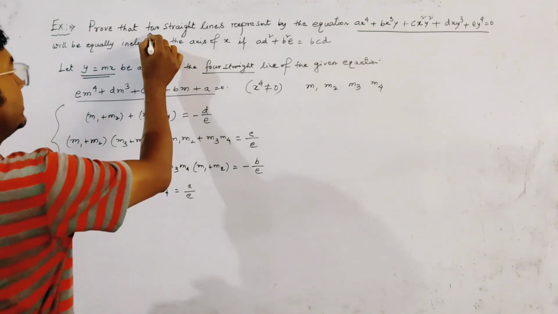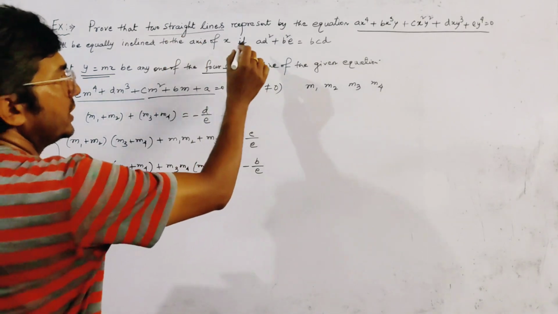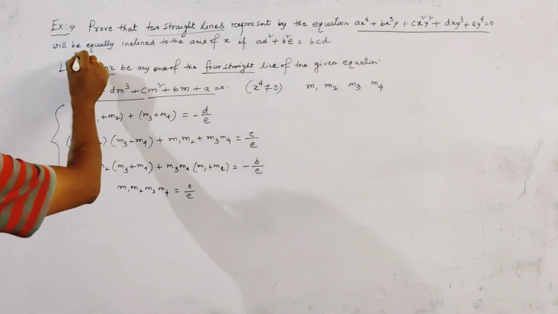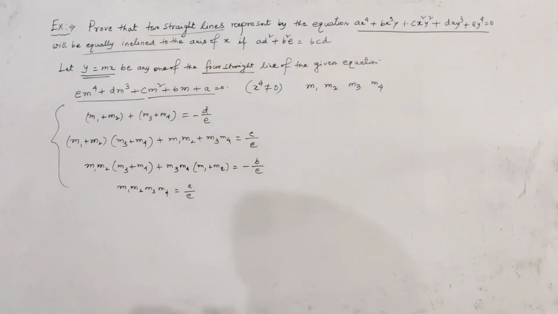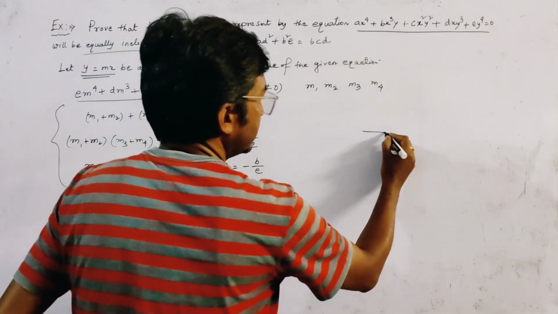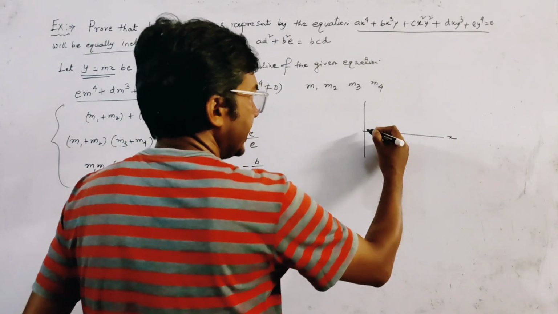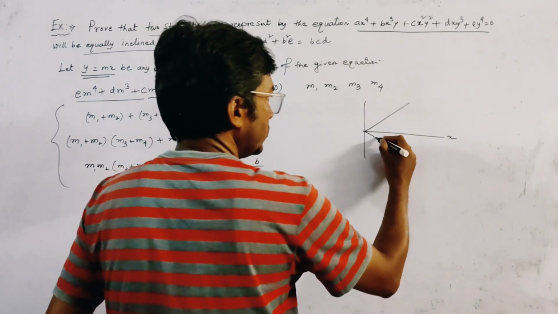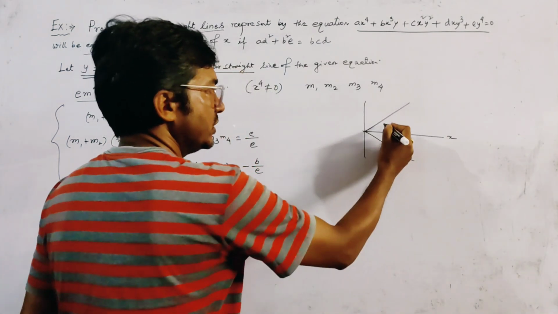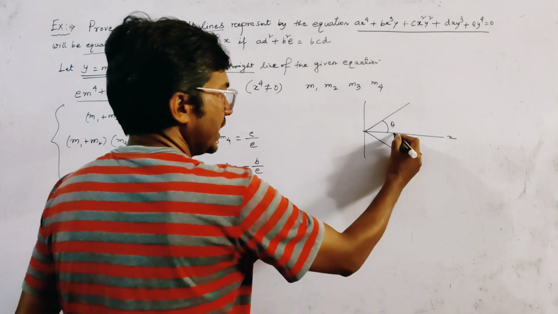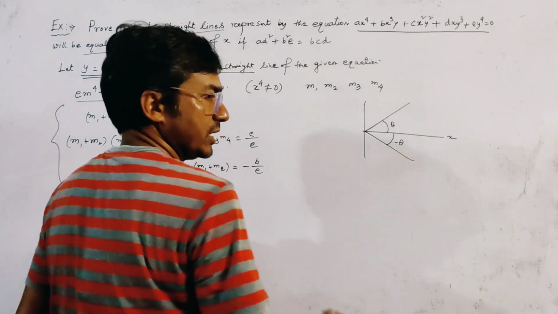Now it is given that two of the straight lines represented by this equation make equal angles to the x-axis, and we draw a rough sketch, this is the x-axis. If these two straight lines make equal angles with the x-axis, so this angle is theta and this angle is obviously minus theta.